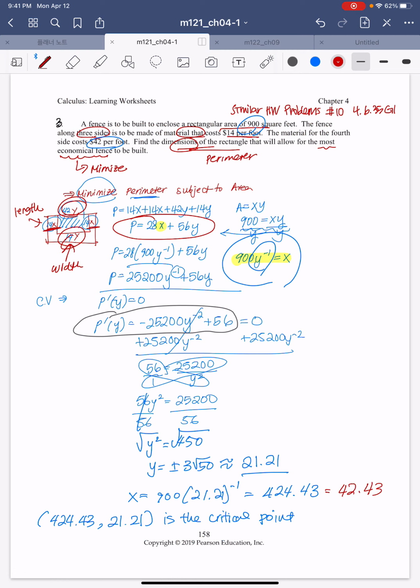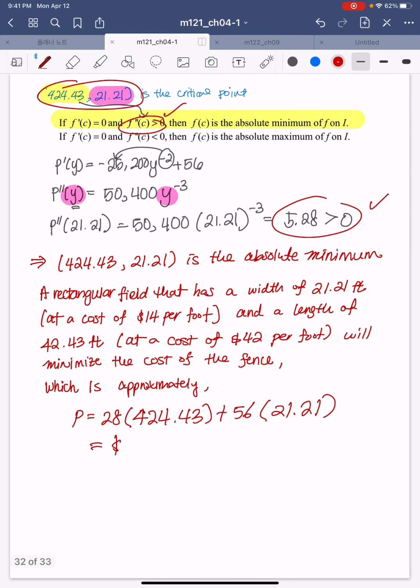I put the decimal place in the wrong place. So that makes more sense, because that's huge. But in terms of our answer, it does not change. That makes a lot more sense.